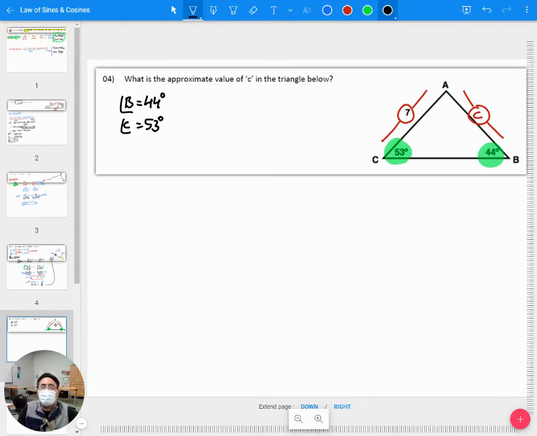And next, opposite to angle B, which is lowercase b, that is 7 units, and opposite to angle C, that is missing. As I mentioned before, two angles and two sides means we have to make use of law of sines.